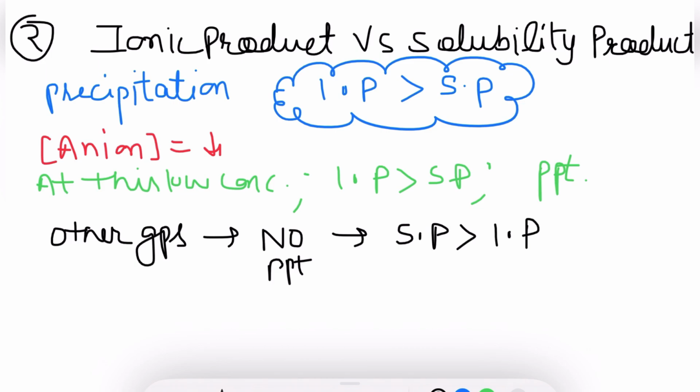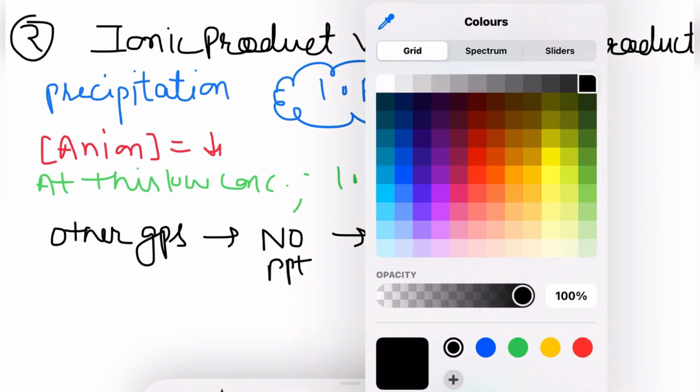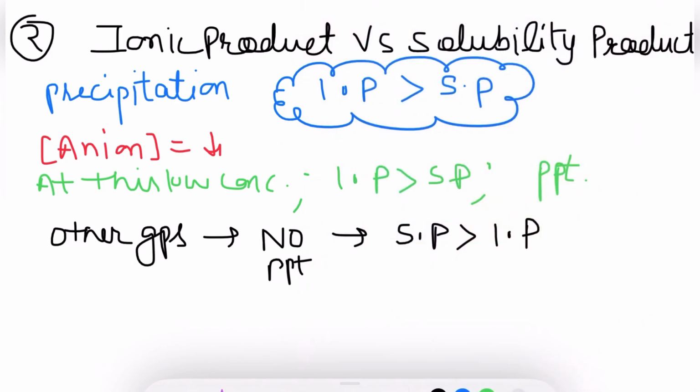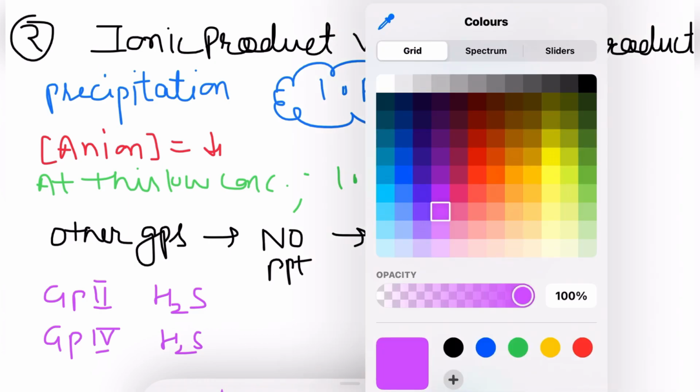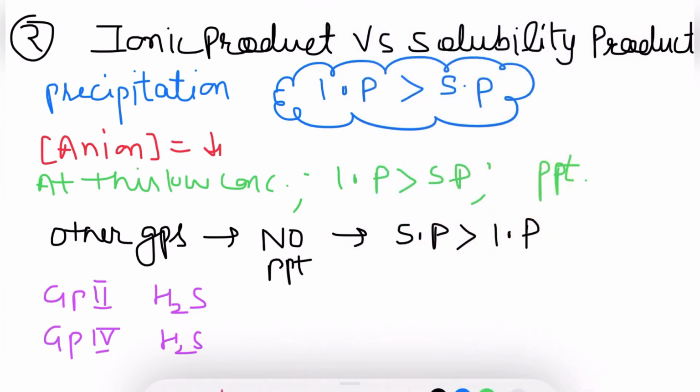Let us take an example here of group 2 and group 4. In group 2 and group 4, we have H2S gas as a group reagent. But the group 4 radicals are not precipitated out in group 2. Why so?